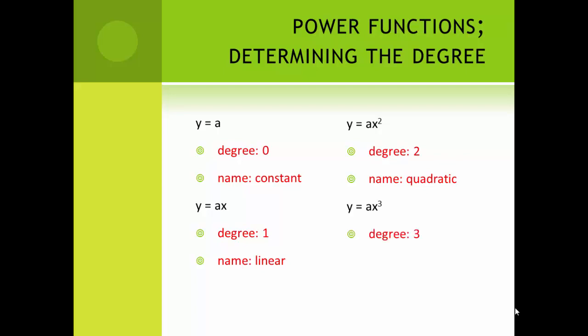So this would have a degree of 3, and we call this one cubic. There's a few others that you will be familiar with as well in this section. So x to the power of 4 would be quartic, and x to the power of 5 would be quintic.